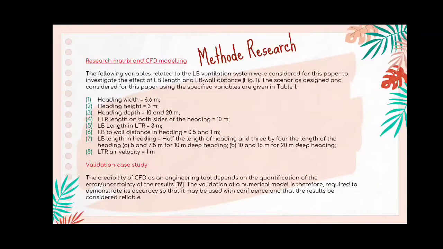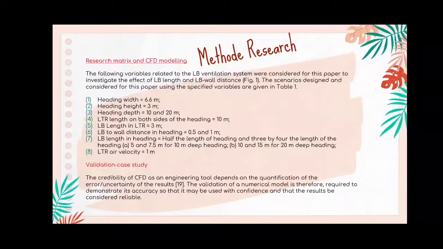On the second page, there is the research method. For the first number, research matrix and CFD modeling. The following variables related to the LB ventilation system were considered for this paper to investigate the effect of LB length and LB wall distance.